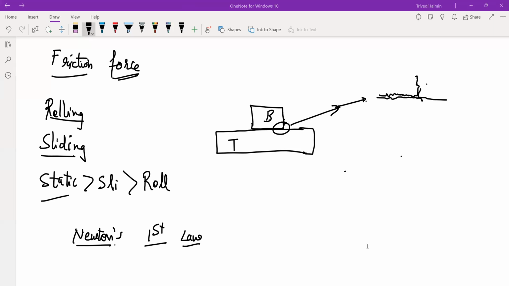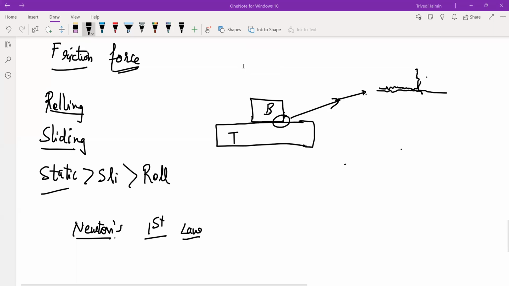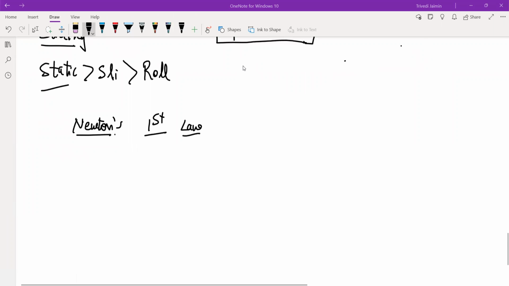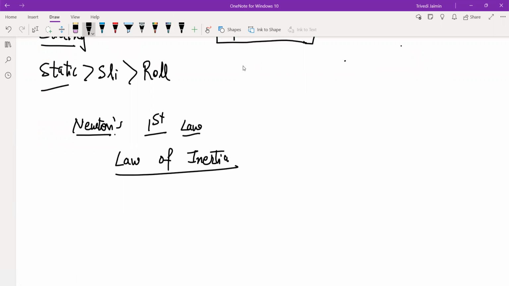Right? Another name for Newton's first law is the law of inertia. The second law is the law of momentum. In the law of inertia we have inertia of rest, inertia of motion, and inertia of direction.